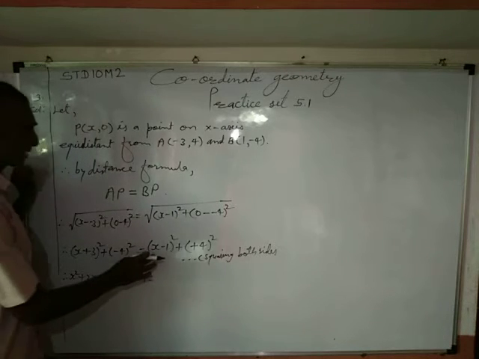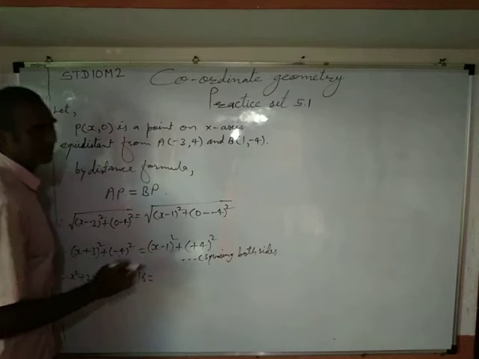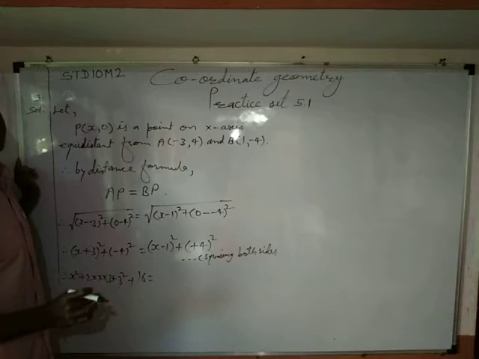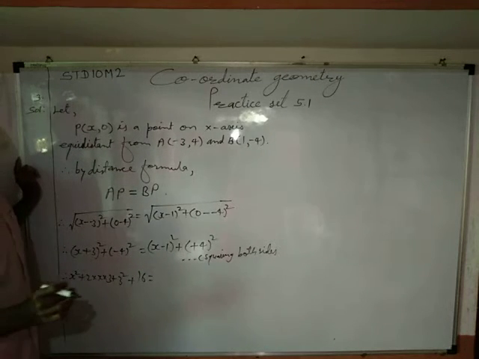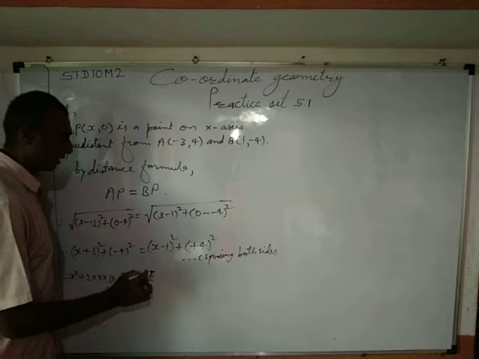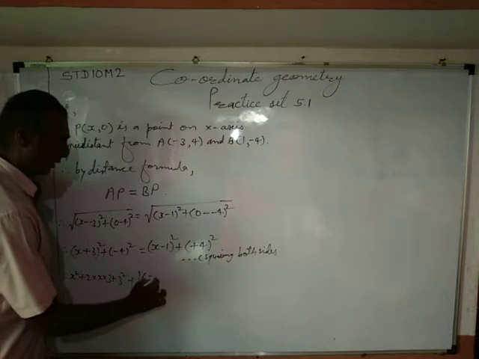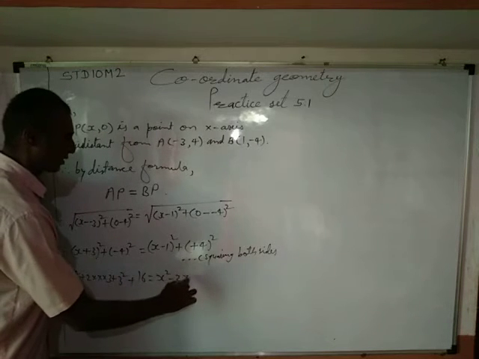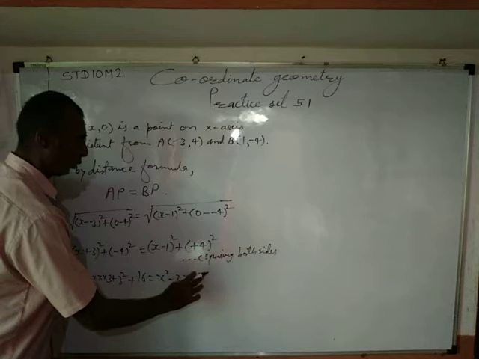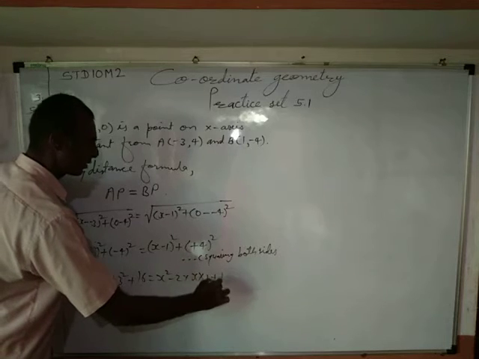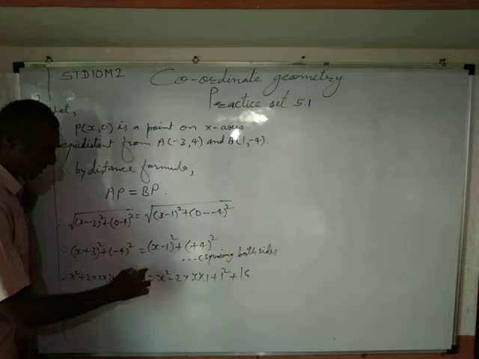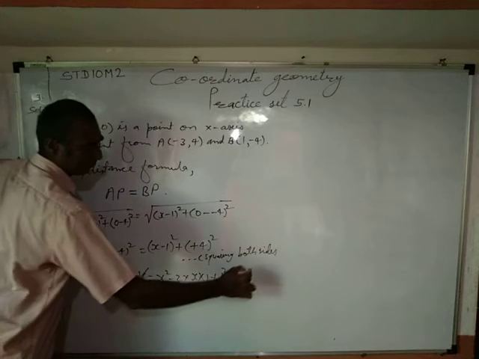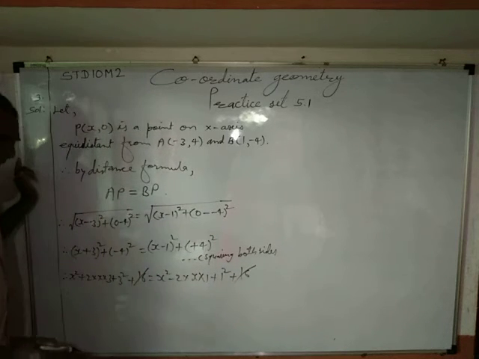That equals, at the right side, x minus 1 its square, which is in the form of (a minus b) square. The expansion of (a minus b) square is a square minus 2ab plus b square. Applying this identity, we write x square minus 2 into x into 1 plus 1 square plus square of 4 is 16. Plus 16 from left will cancel with plus 16 at right.